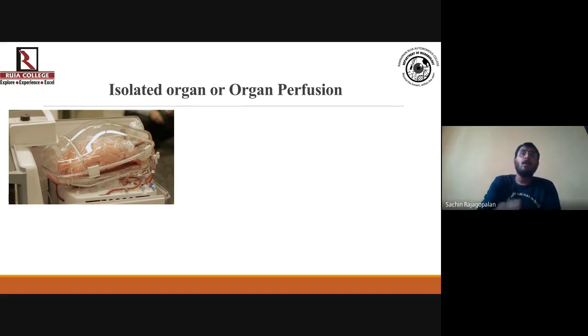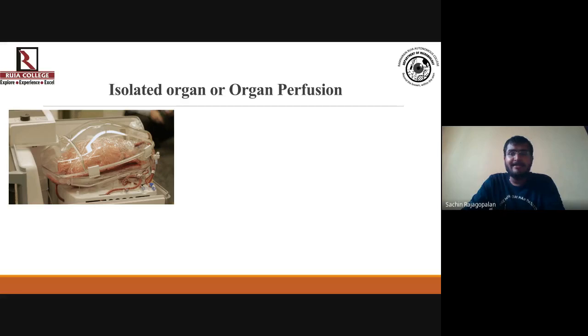Whatever is your study, accordingly, the material could be added to the buffered solution, and that in turn is perfused into the organ. Just like circulation, this material will be delivered to the organs, and whatever waste product is being generated is going to come out via the perfusion fluid.